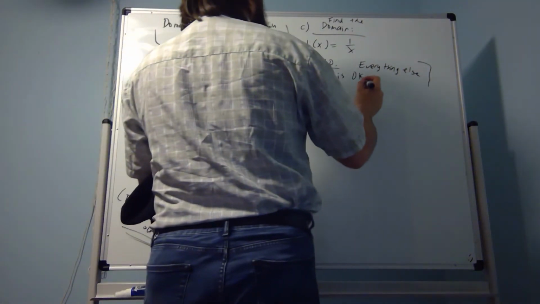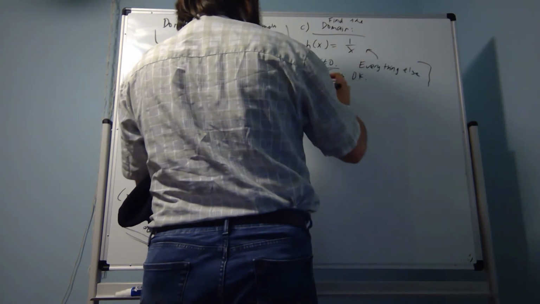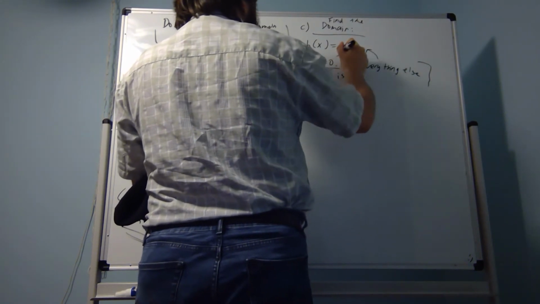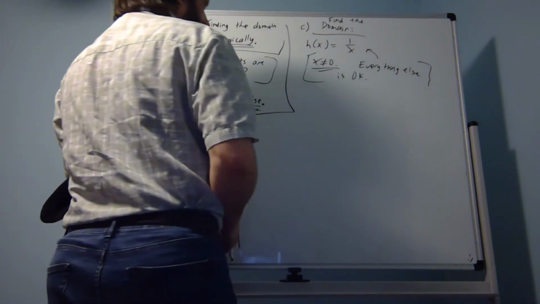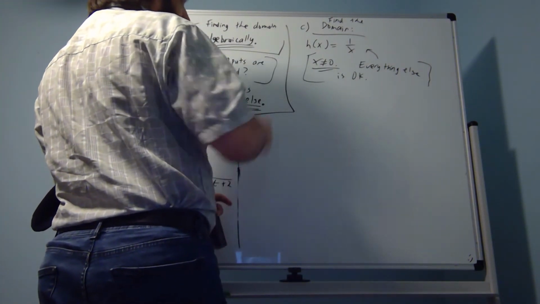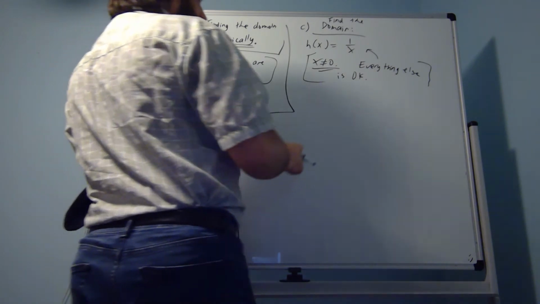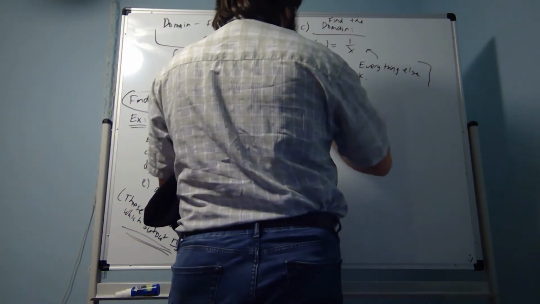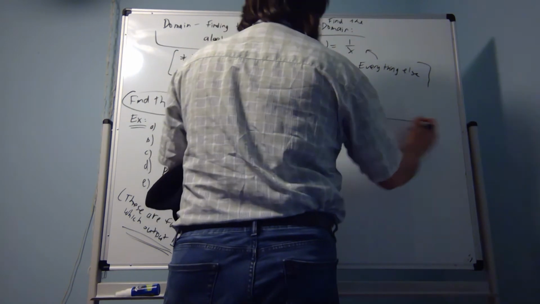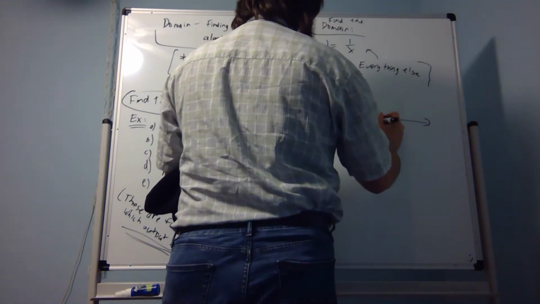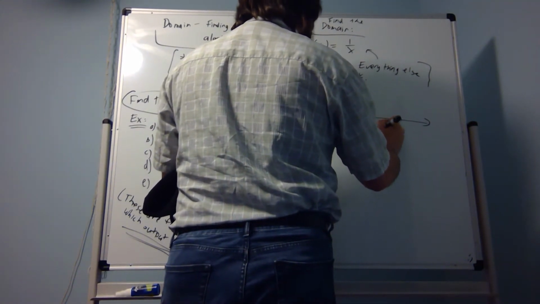All right, so what's the domain here? The domain is, well, sure, we can divide by just about any silly old number except for 0. Everything else is okay. So we have this thing called interval notation.